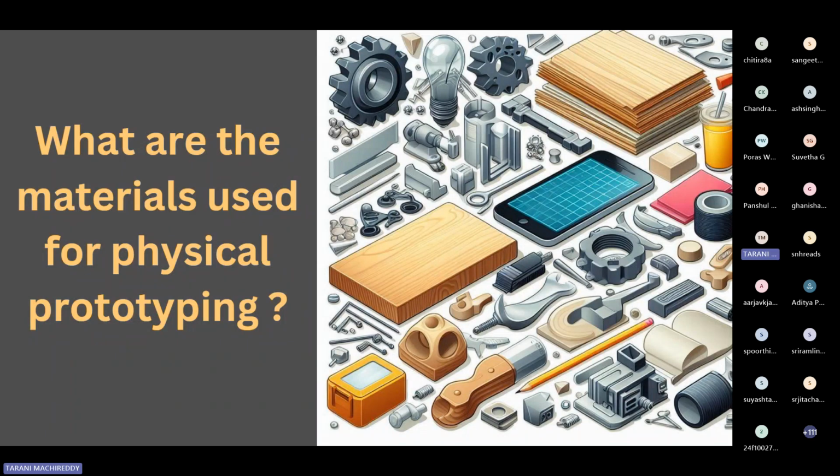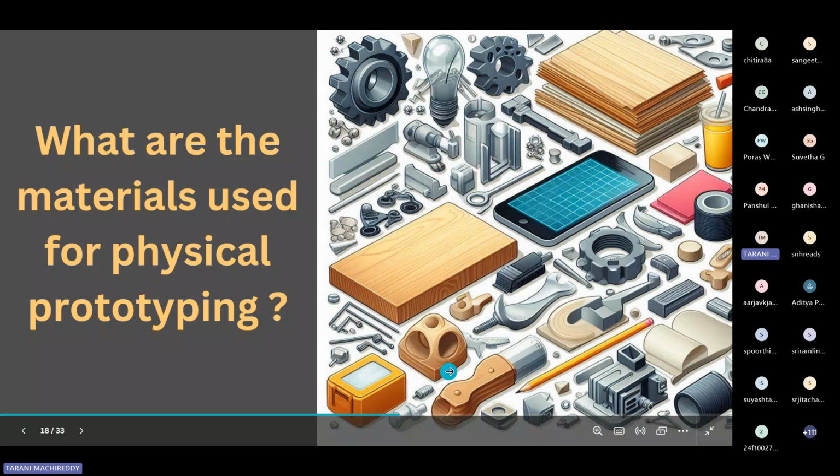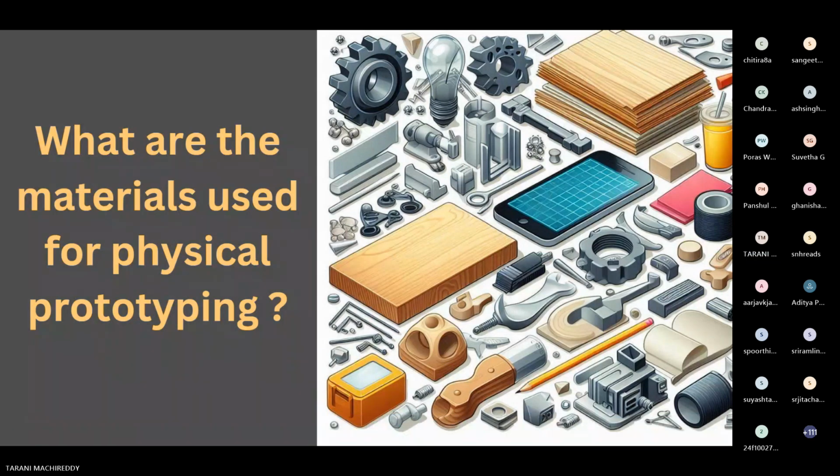You guys had almost guessed everything we are going to discuss now, but I request you to listen patiently to what I'm going to tell. Yeah, we can use any materials for a physical prototype. It depends on the quality, colors, mechanical tools.